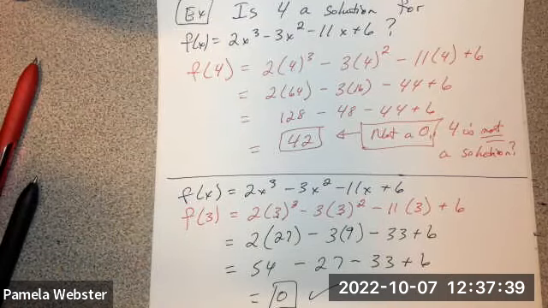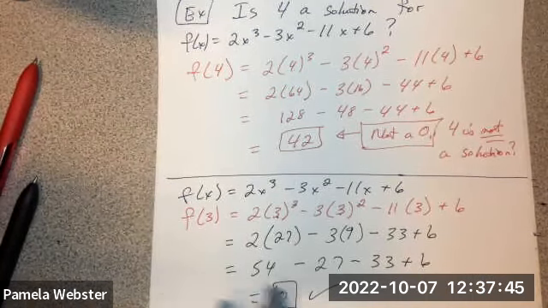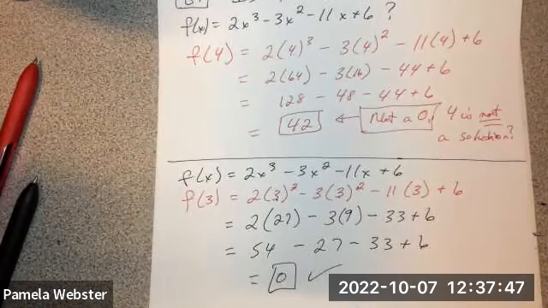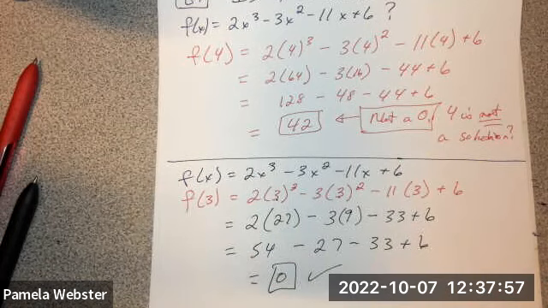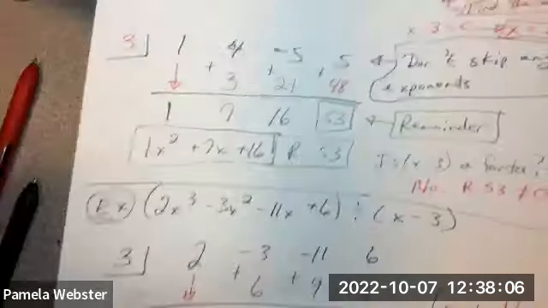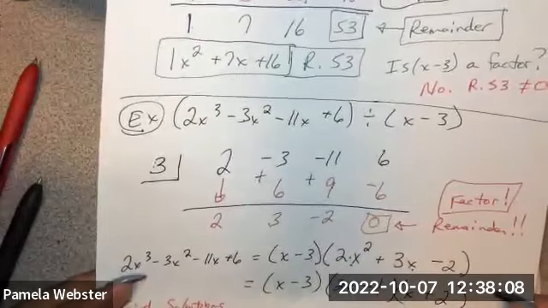Okay. So unless they just tell me that 3 is a solution, I might go ahead and plug in the 3 and see if I get out a 0. If I get out a 0, then hey, now I've got a remainder of 0. I know that thing is a factor. Now I can use it, okay? So then that might save me a few trips to the long division and the synthetic division, right?